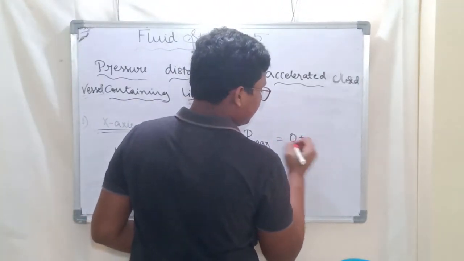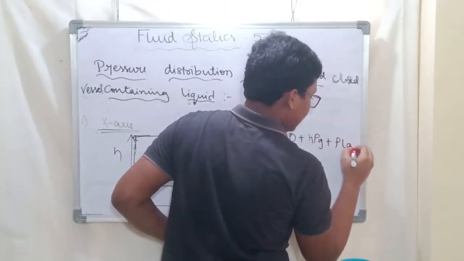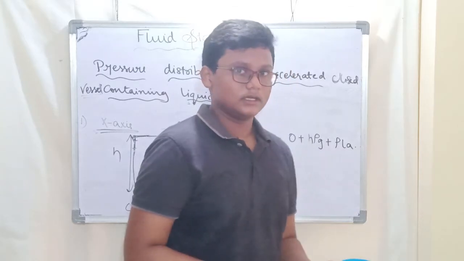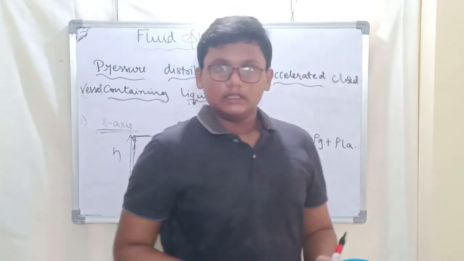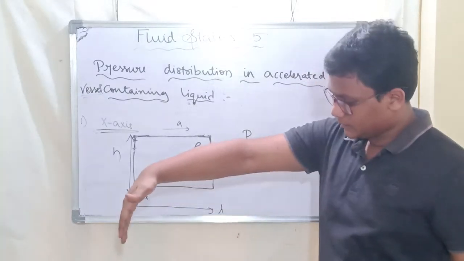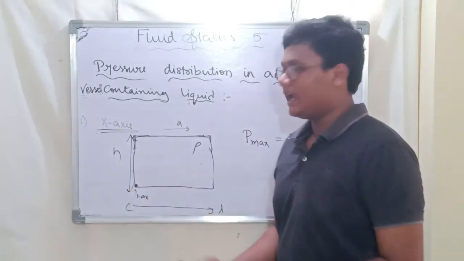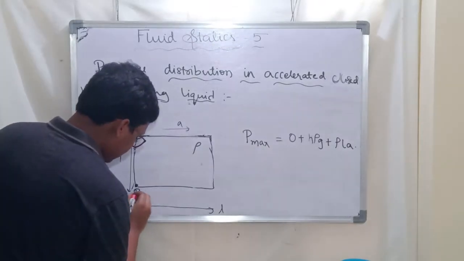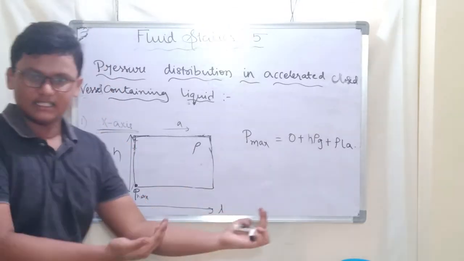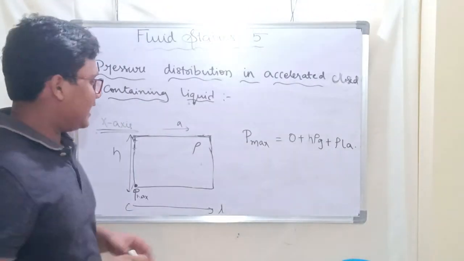P max is equals to 0, because the atmospheric pressure is 0, plus H rho G plus rho L A. This density is rho, and this is L. If it is going in this direction, the displacement is L, the acceleration is A. Due to that, the pseudo force MA is acting at this point, so the pseudo pressure rho LA is acting in this direction, and the normal gauge pressure H rho G is acting at this P max point.